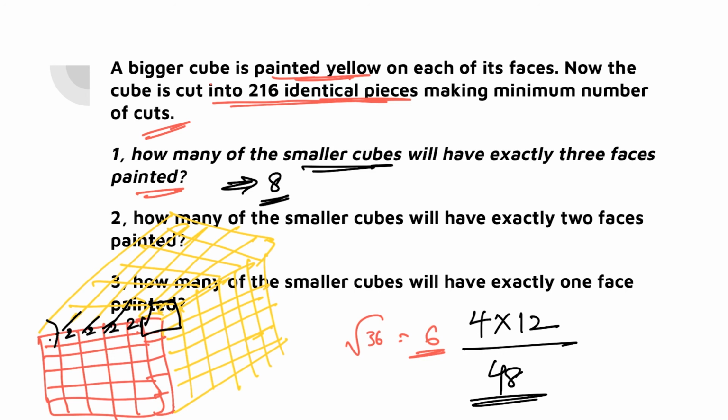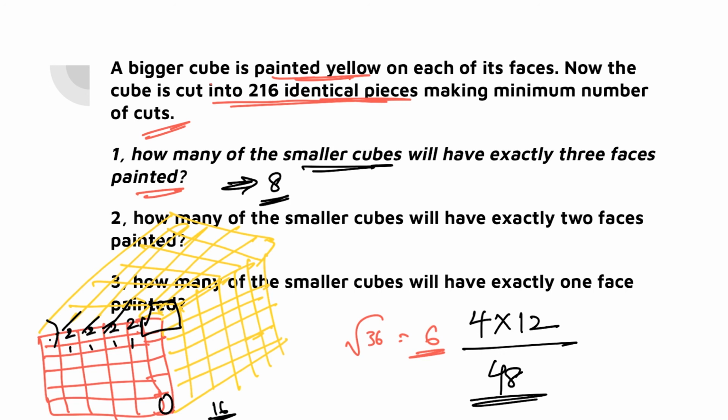And we have to find how many of the smaller cubes will have exactly 1 face painted. So the corners will be 3 faces painted and the edges will have 2 faces painted. And remaining the middle ones, 1, 2, 3 and 4. 4 into 4, 16.